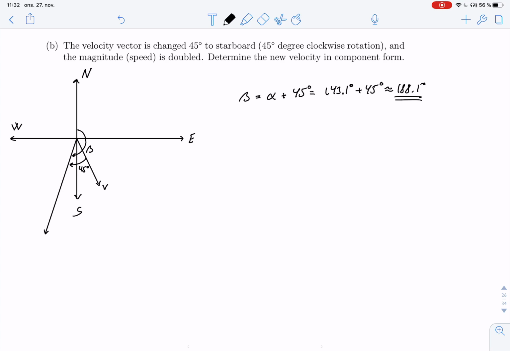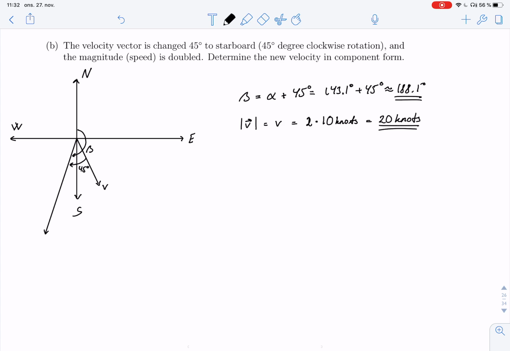And our magnitude is doubled. So our new V would be 2 times the 10 that we had in A. Okay, so it's 20 knots.